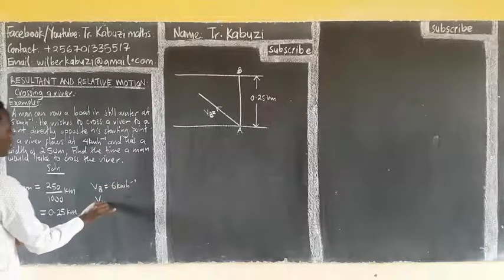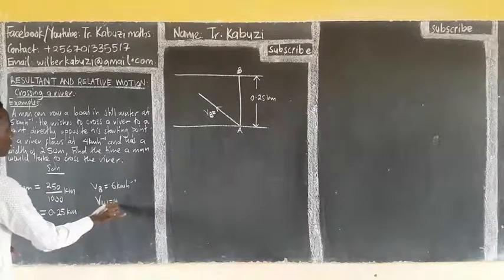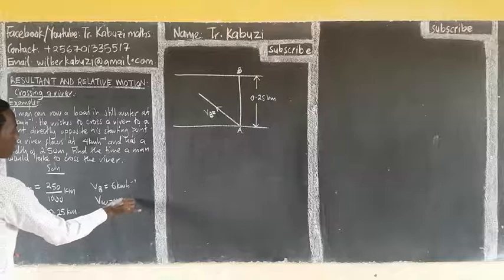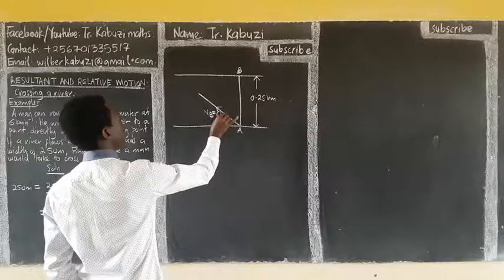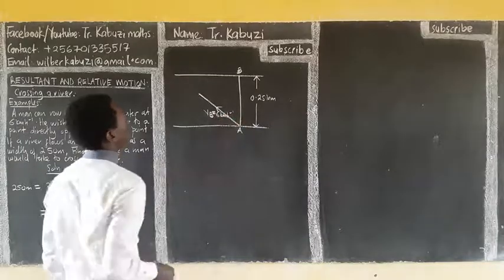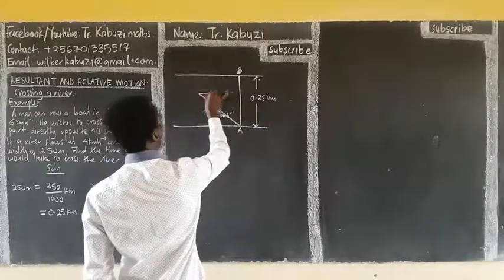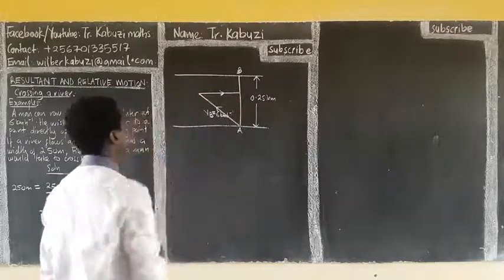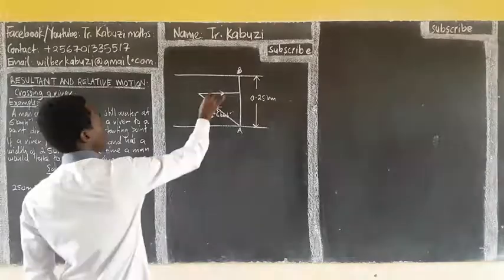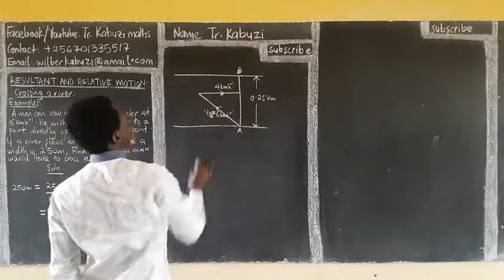Then the velocity of water is 4 kilometers per hour. So this one is going to be 6 kilometers per hour. Then our river is flowing, so we show that this is the flow. It's flowing like that at 4 kilometers per hour.